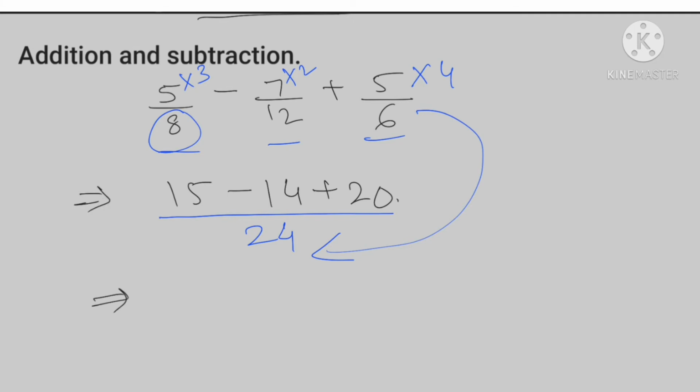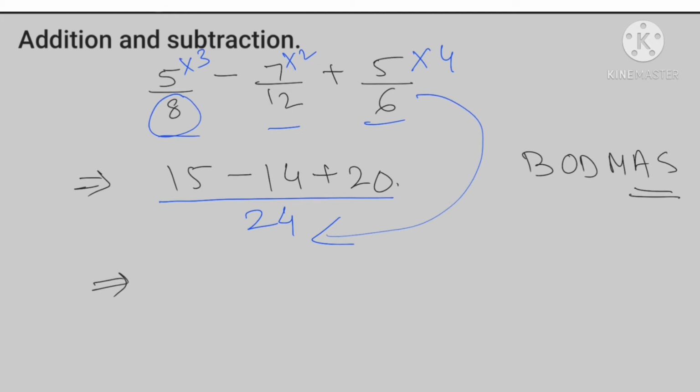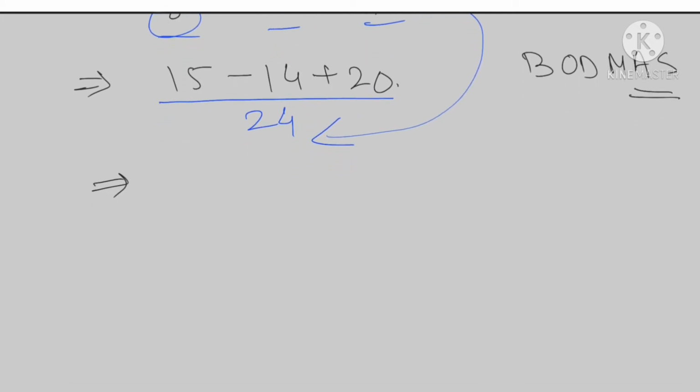Now if we follow the BODMAS rule, it basically tells us that we have to add first, so we'll rearrange this. This step may or may not be shown, depending upon you and your teacher. But if I am the teacher, I'll prefer you writing 15 plus 20 minus 14.